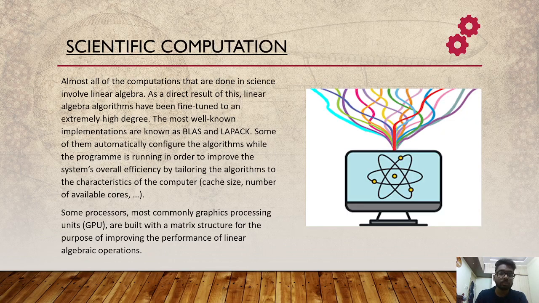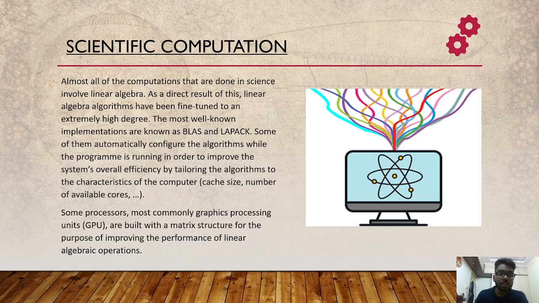Scientific computation. Almost all computations that are done in science involve linear algebra. As a direct result of this, linear algebra algorithms have been fine-tuned to an extremely high degree. The most well-known implementations are known as BLAS and LAPACK.